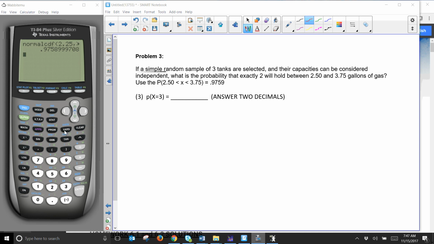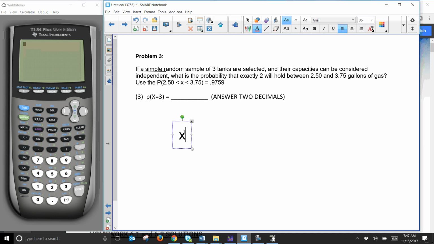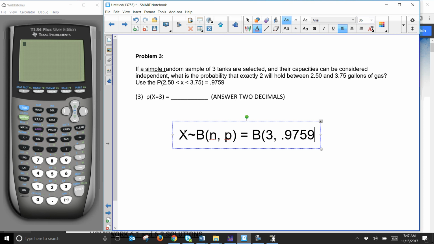So here we know that x is distributed binomial with n comma p, or in this case binomial with 3 comma 0.9759.